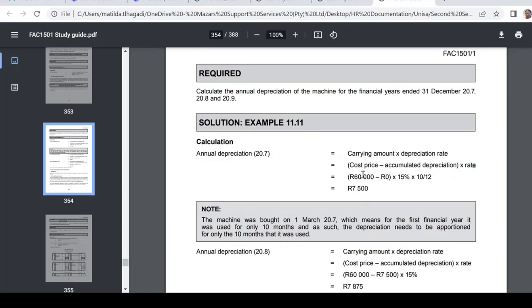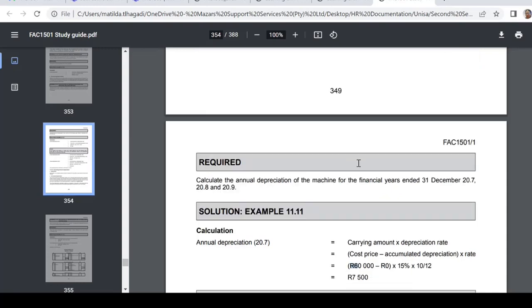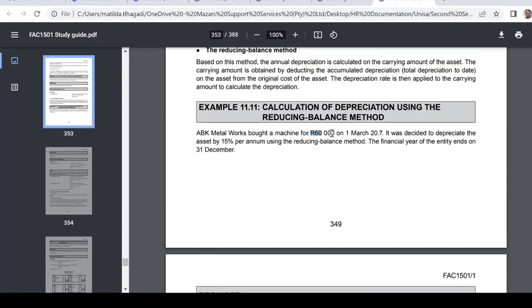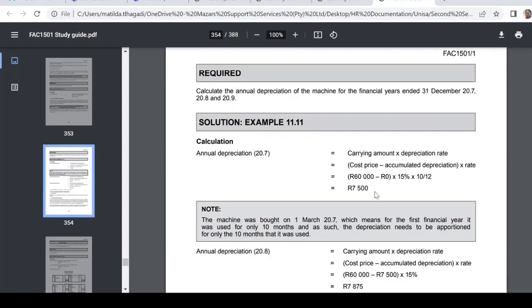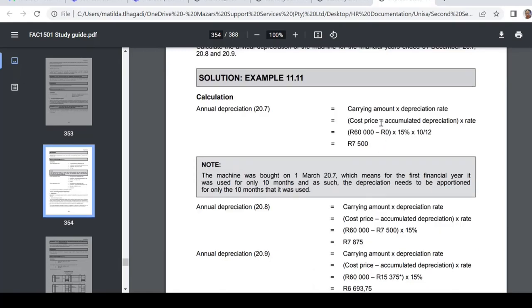So in this case, the cost price is given, it's 60,000, can you see? And this asset was only bought on the 1st of March 20.7. The depreciation is calculated in 20.7, so can you see that there is nothing previously? This is the first year.